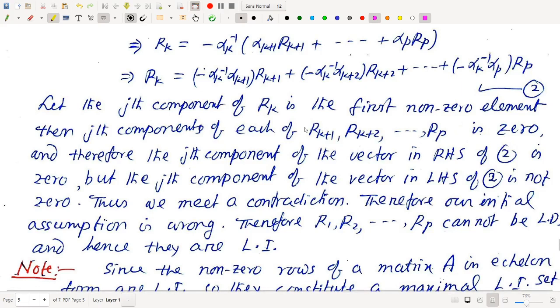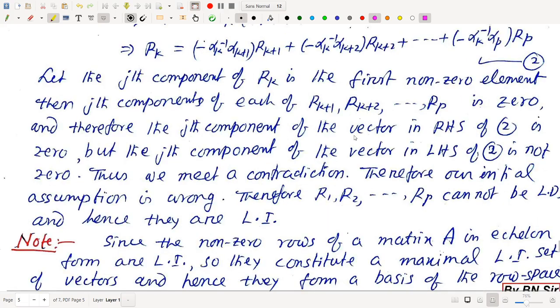Because the matrix is in echelon form, and therefore the jth component of the vector on the right hand side of number 2 is 0, since rk plus 1, rk plus 2, rp all have jth component 0. So the jth component of the linear combination itself is 0, but the jth component of the vector on the LHS of number 2 is not 0.